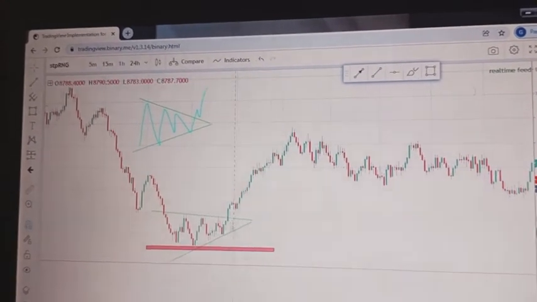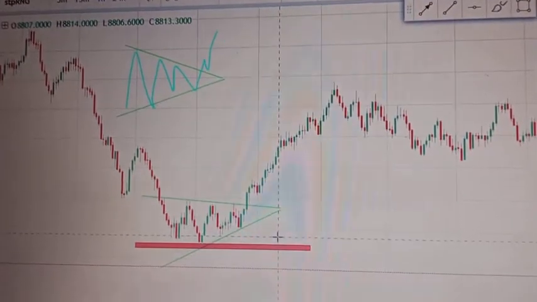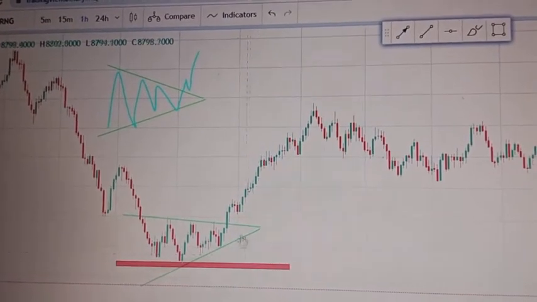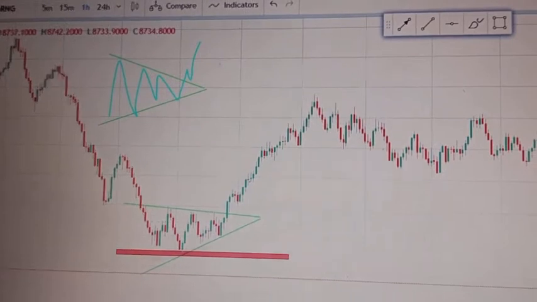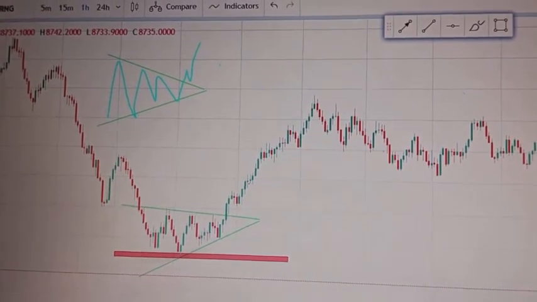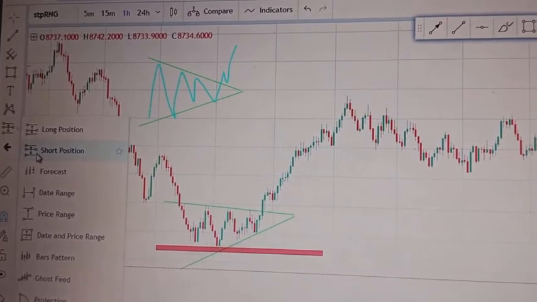So what do we do next? After finding out that this is a falling wedge, the next thing we do is bring our tools. This time around we are not going to pick a short position.